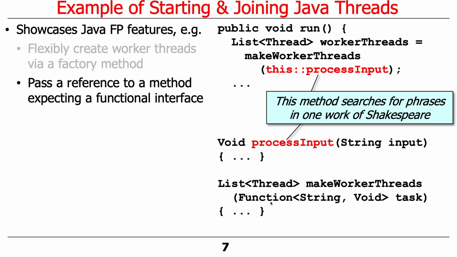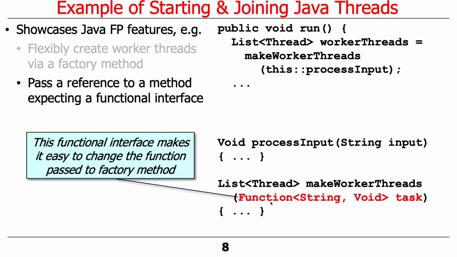And so process input is a method, and we pass a reference to process input to make worker threads. And if you take a look at make worker threads, which is what we're calling here, it's expecting a functional interface. And what this buys us, why are we doing all this stuff?